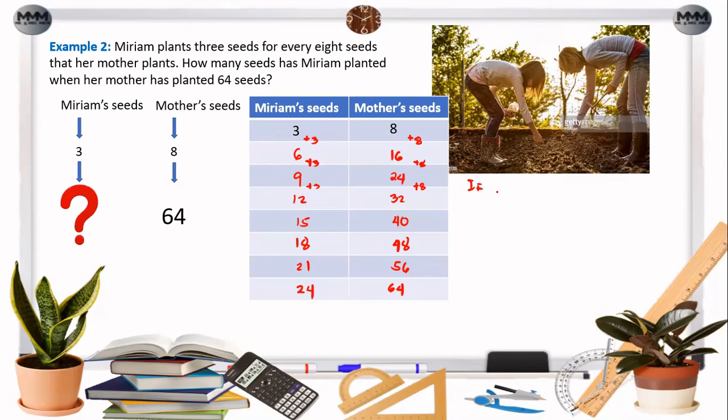that if X is equal to Miriam's seeds divided by 3, then her mother's seeds is equal to 8 times X. So how to do it?